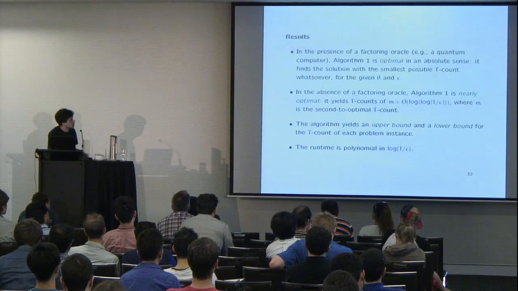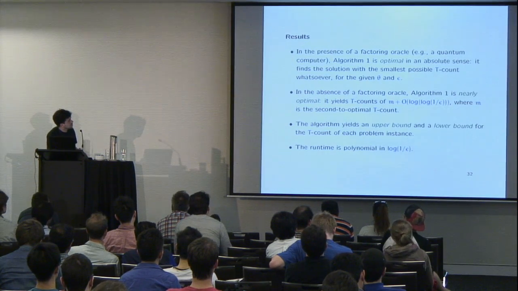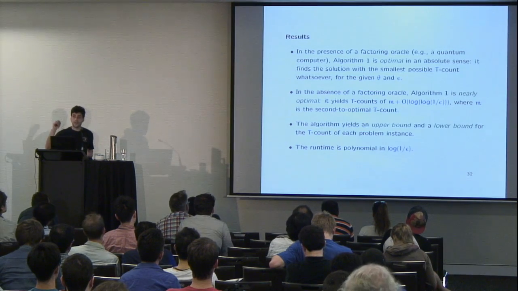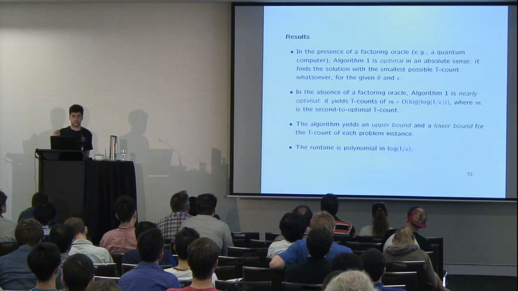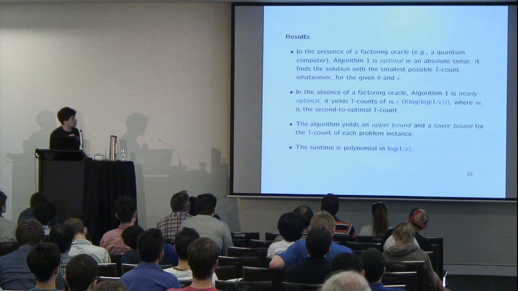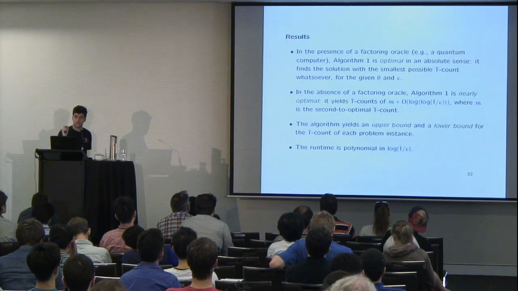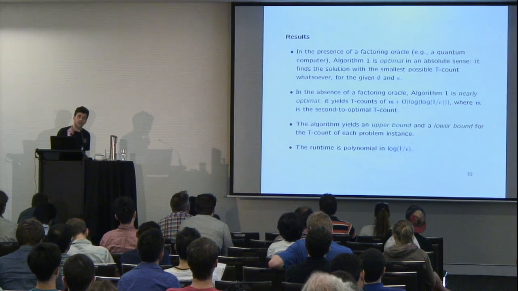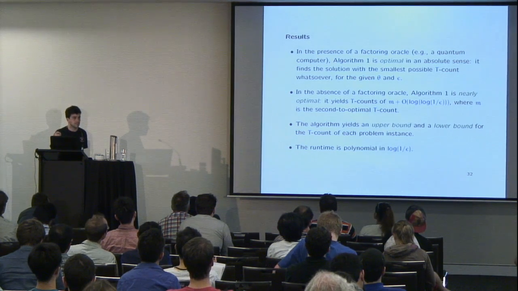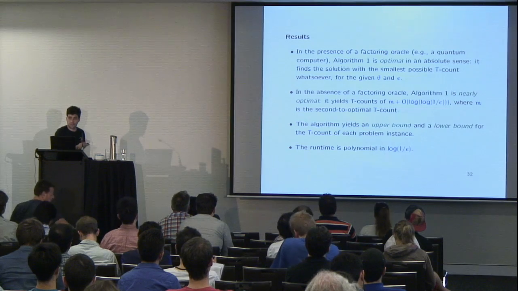Okay, and I'm almost done. Here are the results. If you have a factoring oracle, then the algorithm is optimal. It'll output a circuit with the least number of T gates that solves your given problem instance.